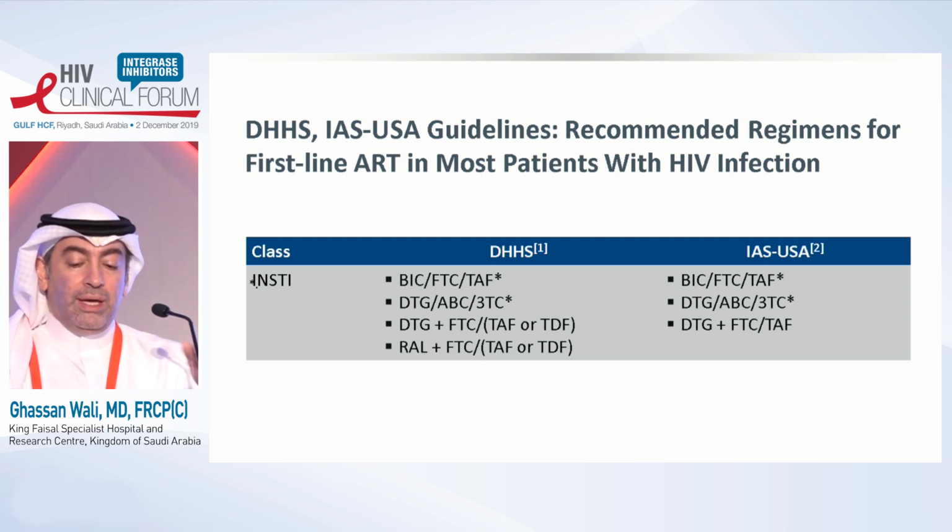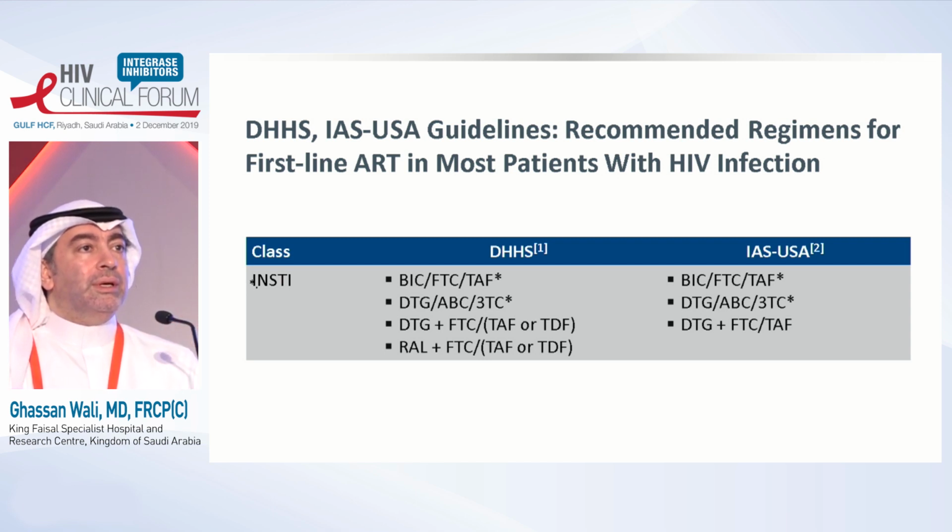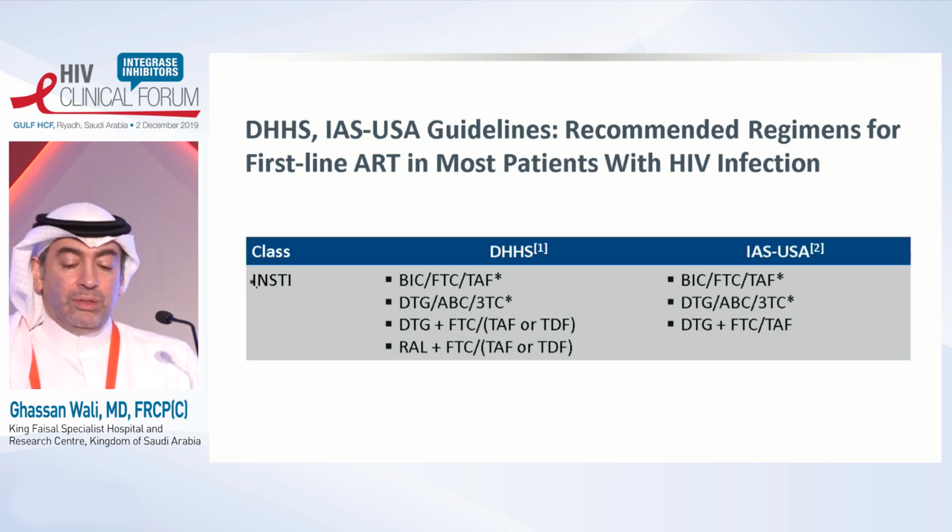So with the IAS, they no longer recommend using raltegravir. They identify that due to the complexity of care, the lifestyle of patients, a single tablet regimen is preferred. So they either recommend the use of bictegravir-based or dolutegravir-based regimen.